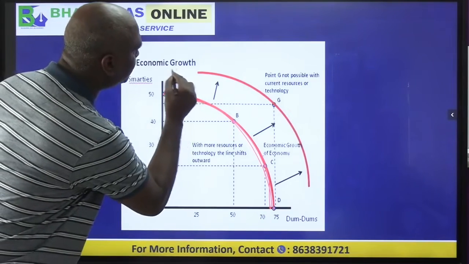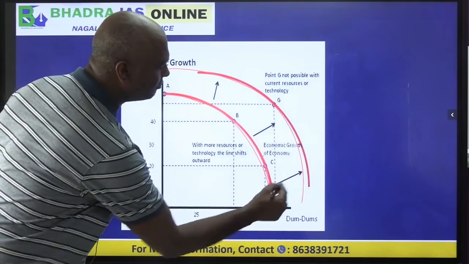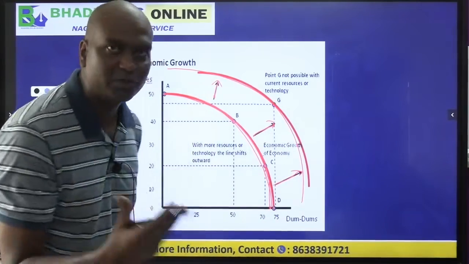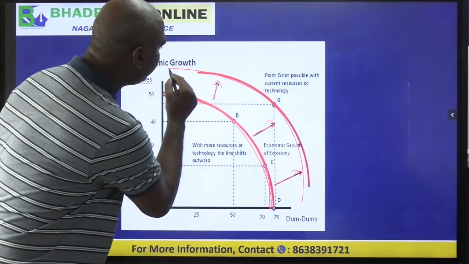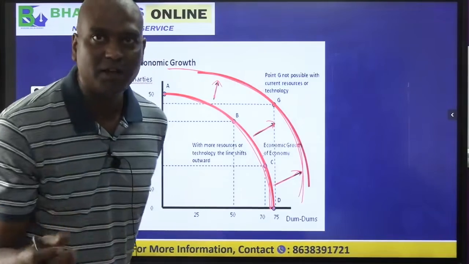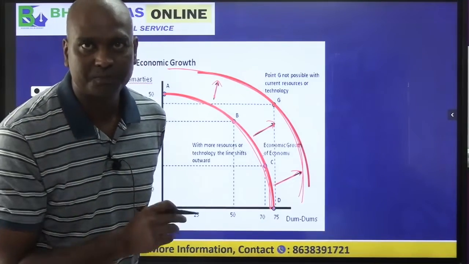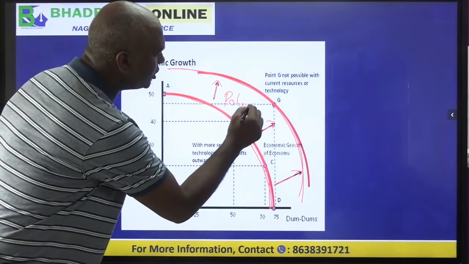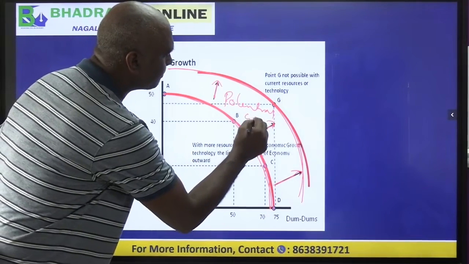This production possibility curve can shift upwards. So you see the arrow, it is going upwards. If this curve is shifted upwards, how much it is shifted, that is called economic growth. Now this gap is what we call potential GDP.